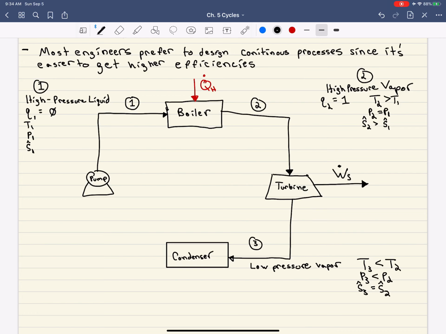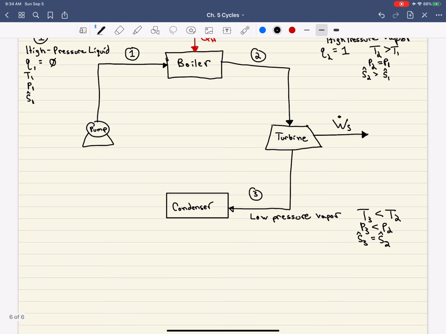The other thing I want to point out is that this is a low pressure vapor, and potentially you could either still have a superheated vapor, or you could even depressurize the vapor all the way down to its saturation conditions.